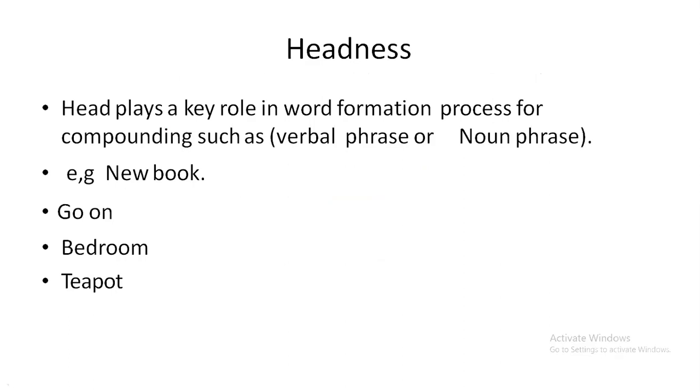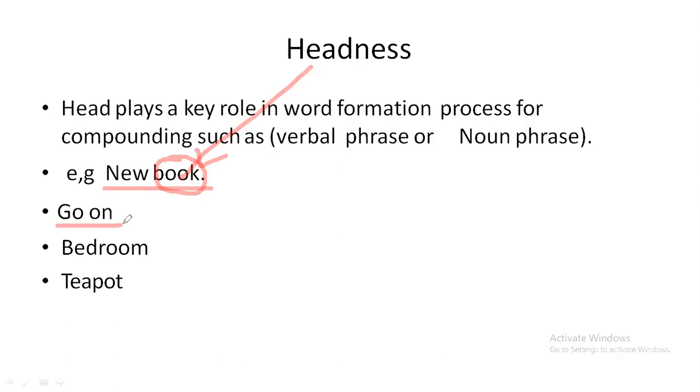So see here, head plays a key role in the word formation process for compounding, such as verb phrase, noun phrase. For example, new book. Which word do you think is the main? Book, yes. This condition is called headness, right? To modify, to show, for example, go on.